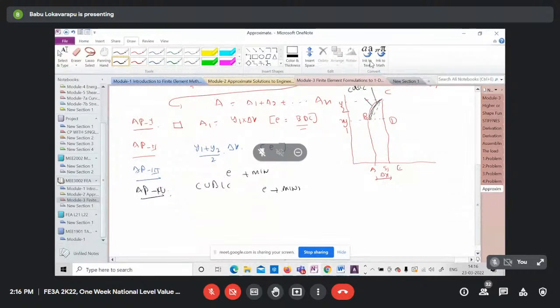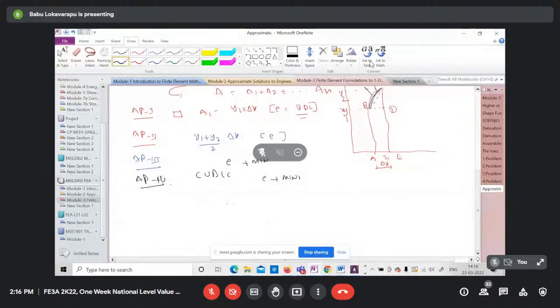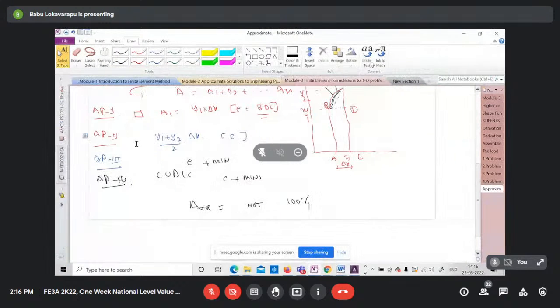So here what you are doing, you are trying to estimate area 1 like this. Similarly, you are going to do area 2 and you are adding all the areas. Finally, whatever total area is coming, it is not 100% because of this reason. So it may be 98% or 97% depending on what kind of function you are assuming.